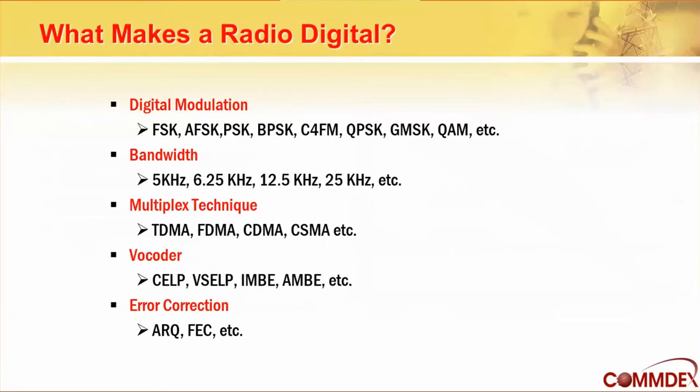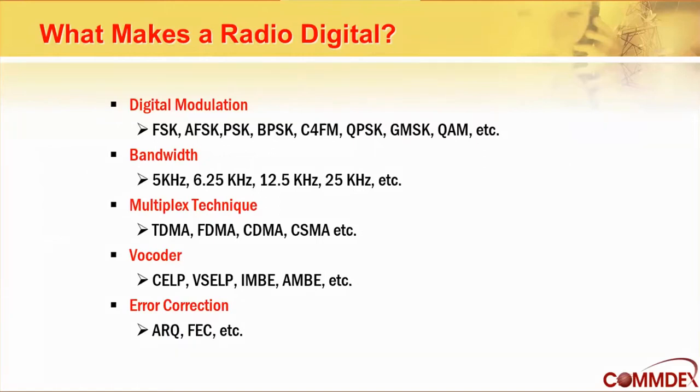So what is it that makes a particular radio digital? I've identified 5 different things on this slide, and we're going to talk about these in more detail after the break. What makes a radio digital is it's going to have digital modulation. It's going to have reduced bandwidth relative to analog radios.